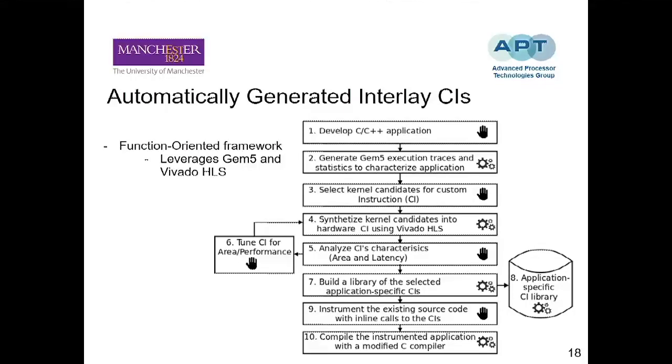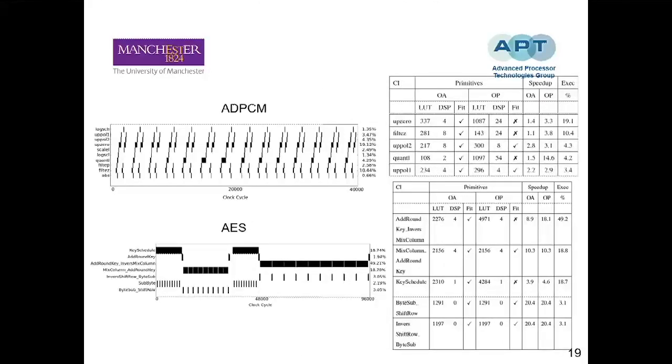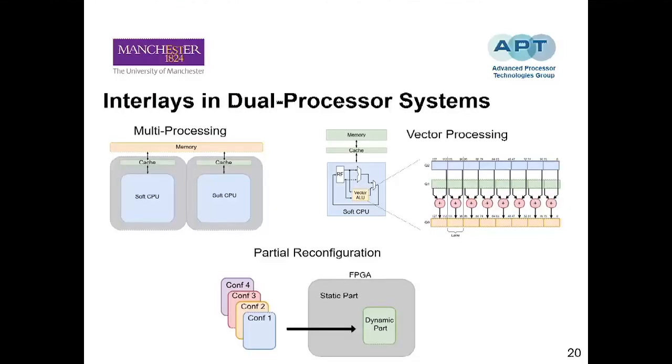This was based on the tools already existing for FPGAs, in combination with Gen 5. So the idea here is, for example, that we take some of the functions of a security application, and then we swap them in time if the reconfiguration allows it.